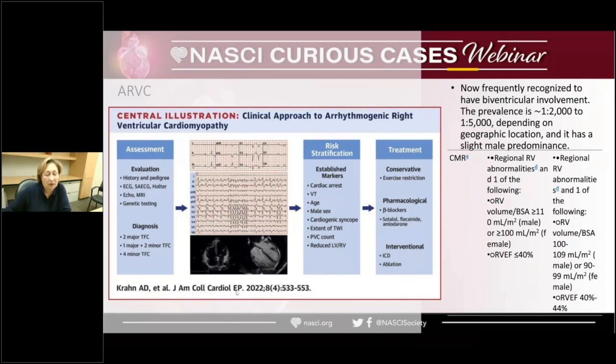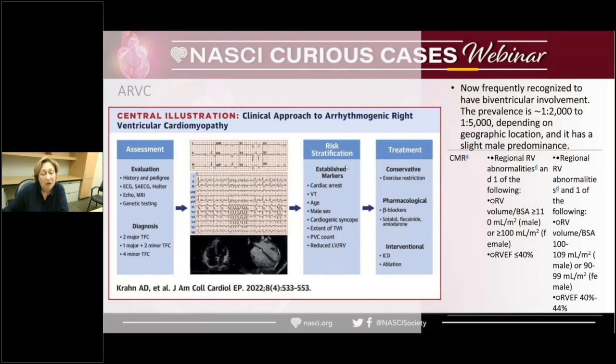But again, I really wanted to show you this table from the American College of Cardiology EP that was published in 2022. It nicely puts together what comes into consideration to actually diagnose ARVC: the assessment, the diagnosis, the abnormal EKG with epsilon waves, and, really important, the risk stratification.